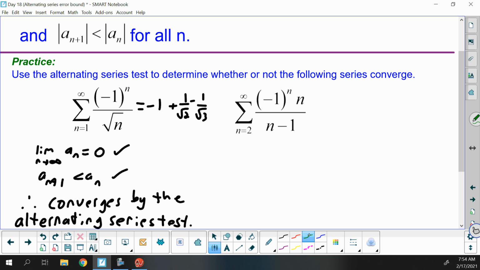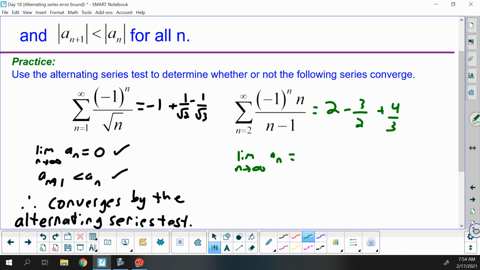In the second one, let's write out some terms. We sub in 2, we'll get a positive. We'll have 2 over 2 minus 1, so that's 2. Sub in 3, we'll get a negative. 3 over 3 minus 1, so we'll get -3/2. If we sub in 4, we'll get 4 over 4 minus 3, and it's a positive, so +4/3. So we are alternating. So let's think about our limit as n approaches infinity of our terms.